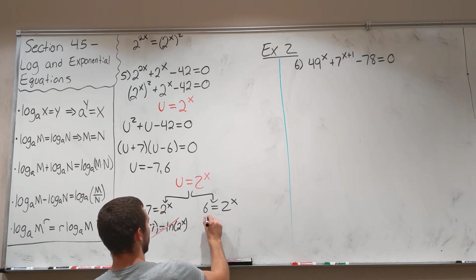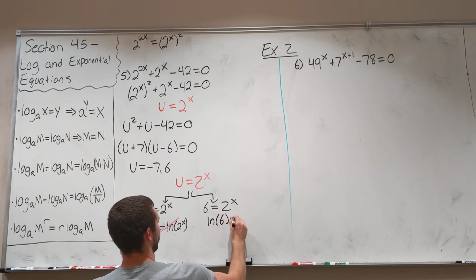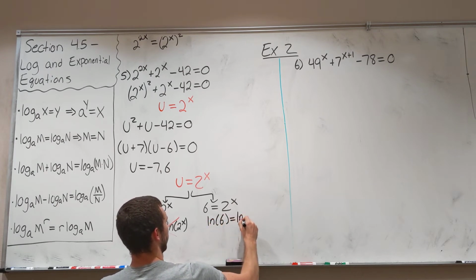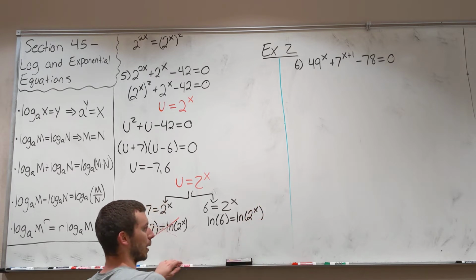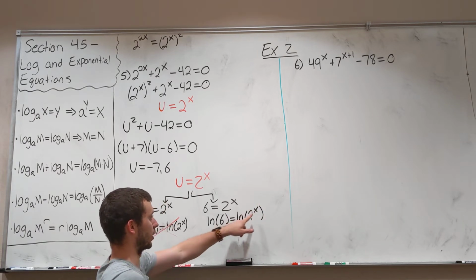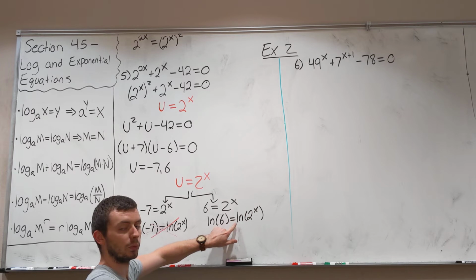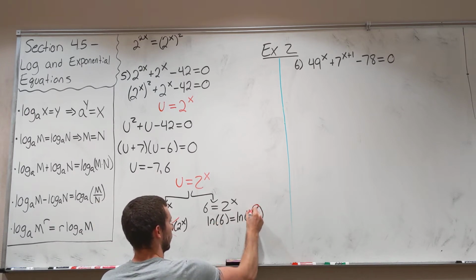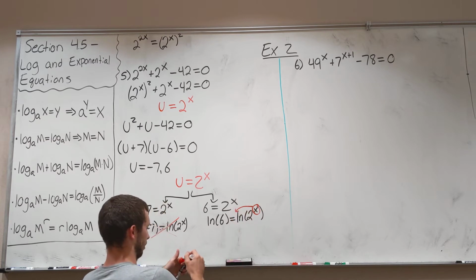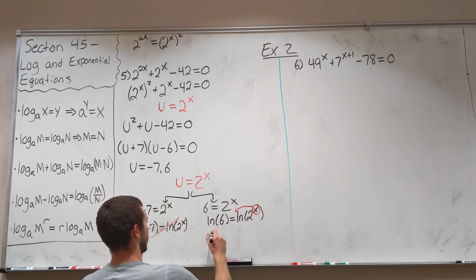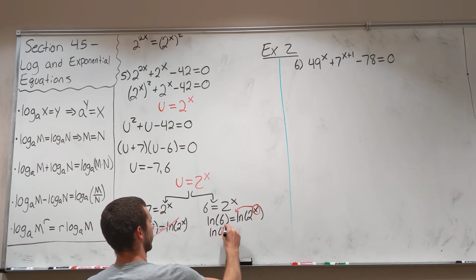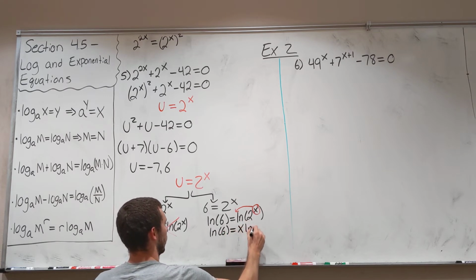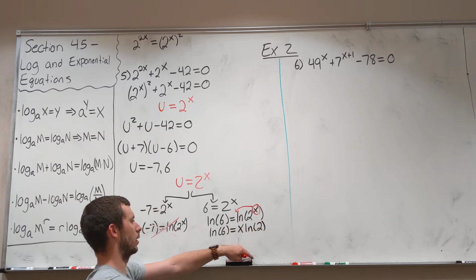So this would be natural log of 6 is equal to natural log of 2 raised to the x power. And from here, we can shift the x to the front as a factor. So that is ln of 6 is equal to x ln of 2.